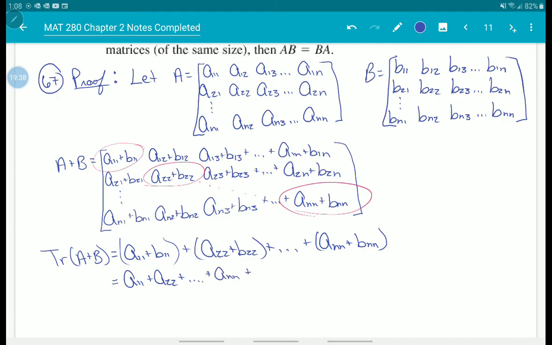And then couldn't I group all the B's together? So this is the commutative property, and we can change that order of addition, which would be fine, which means that we can group those A terms together and those B terms together. So there's your associative property.